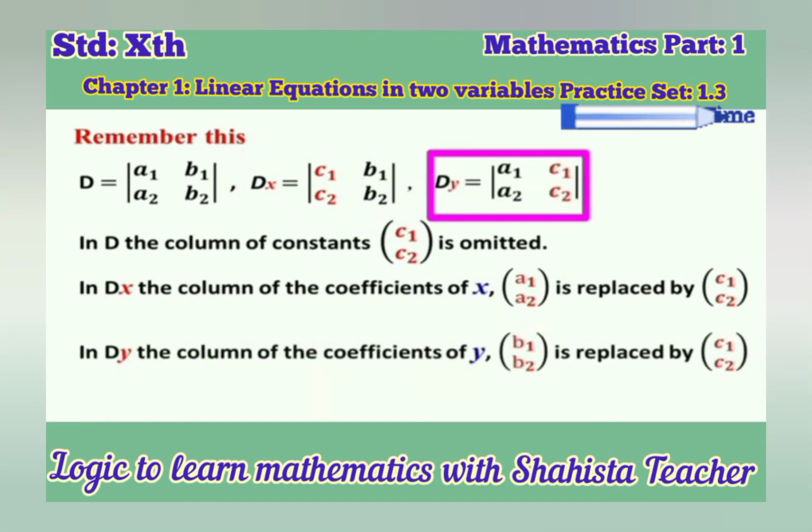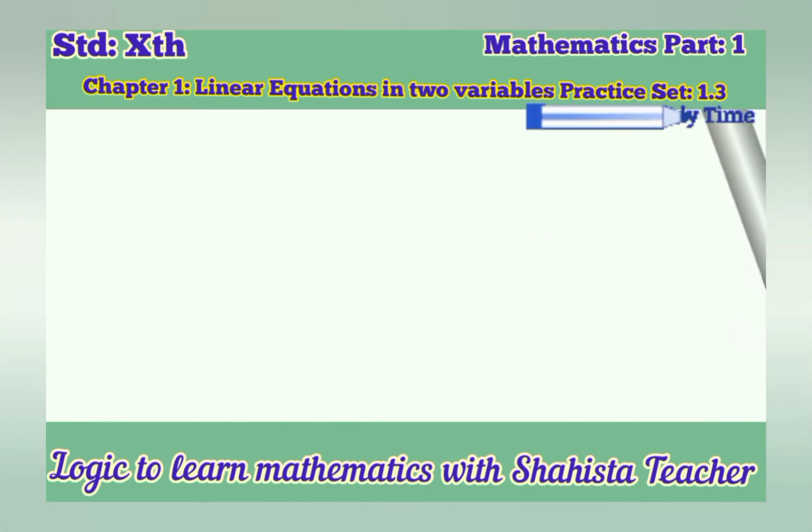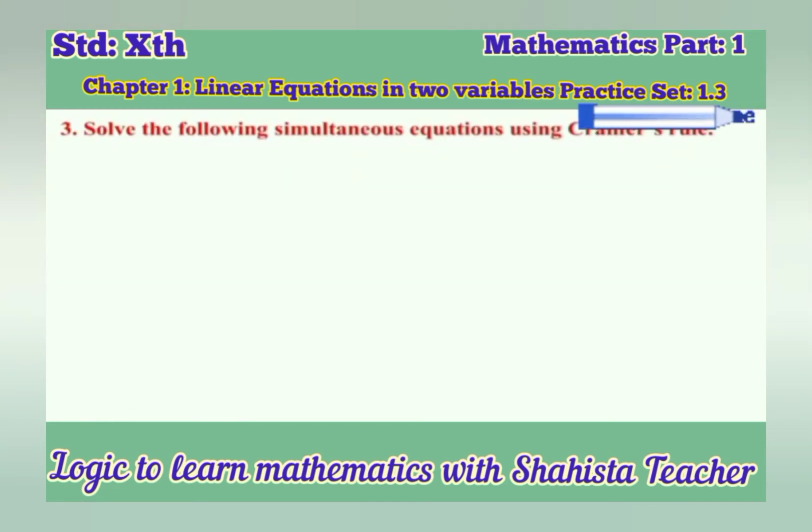Now Dy is |a1 c1; a2 c2|, so in Dy the column of coefficients of y, b1 b2, is replaced by c1 c2. Is that clear? And in Dx the column of coefficients of x, a1 a2, is replaced by c1 c2. So it is simple and easy to apply this condition.